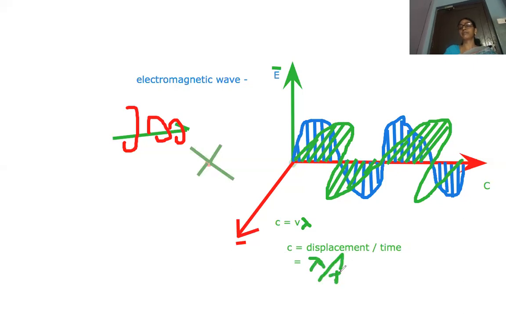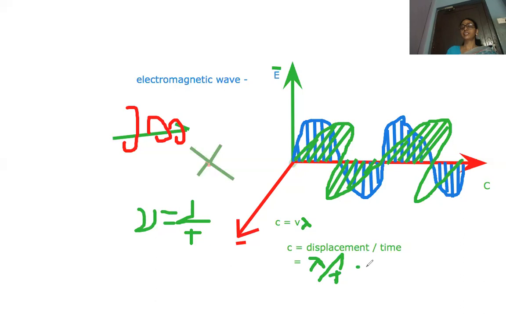By time means here we have frequency nu is equal to 1 by t.